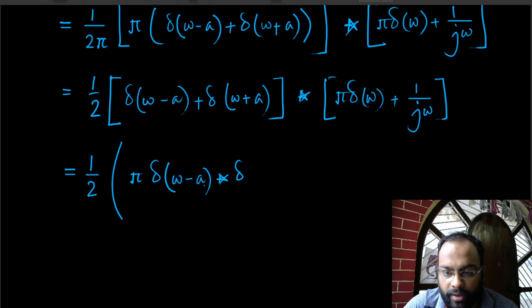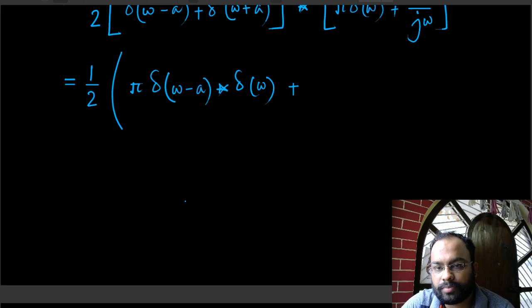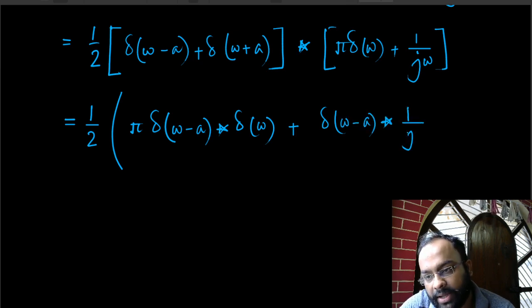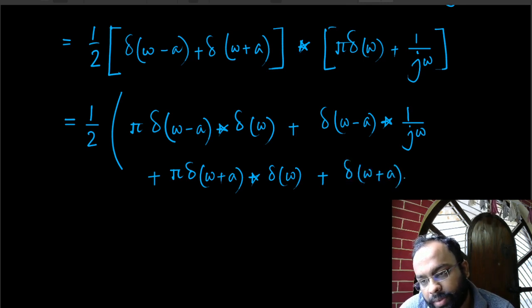So are you really following? Delta omega, plus we have the convolution of this with this: delta omega minus a convolved with 1 by j omega. Then we have a plus, the convolution of this with this: pi delta omega plus a convolved with delta omega. Then delta omega plus a convolved with 1 by j omega.